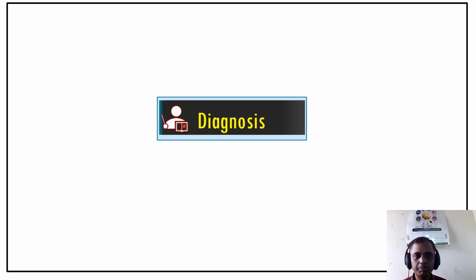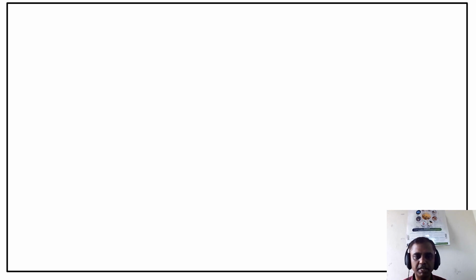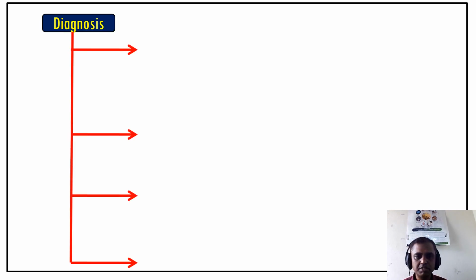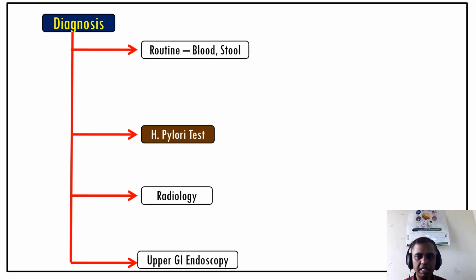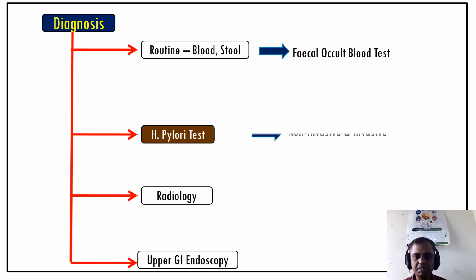Now, very important: how to diagnose peptic ulcer. The diagnosis is based on 4 levels: routine examination, that is blood and stool examination; H. pylori test; radiology; and upper GI endoscopy. Routine examination can identify the fecal occult blood test.